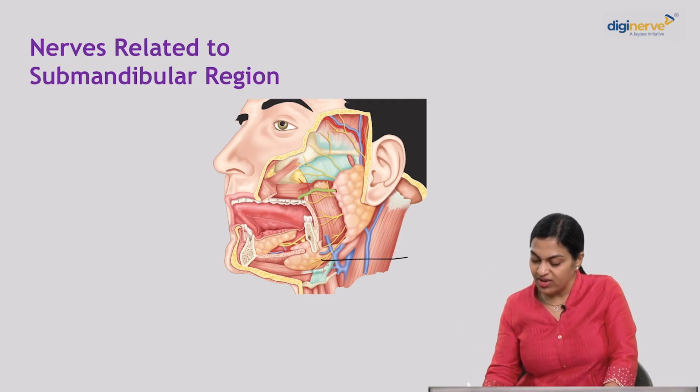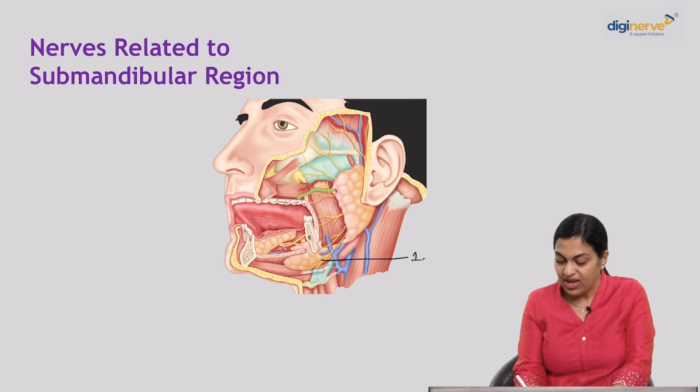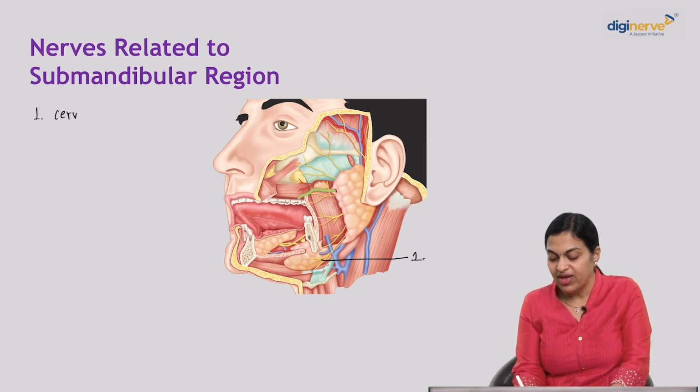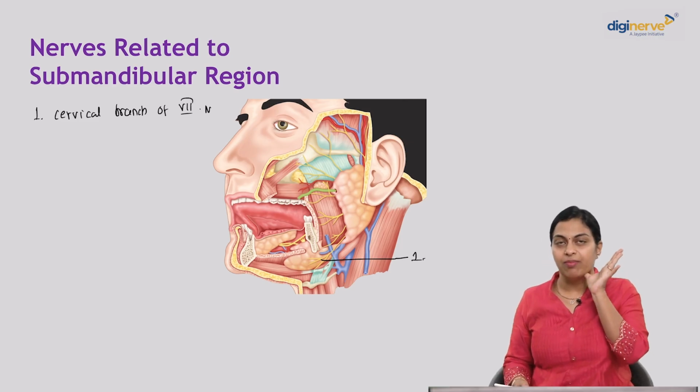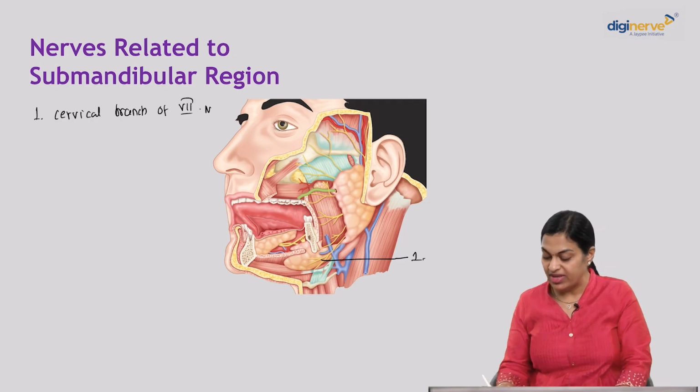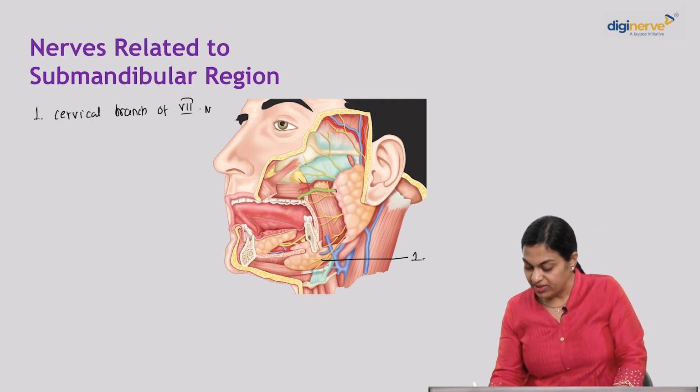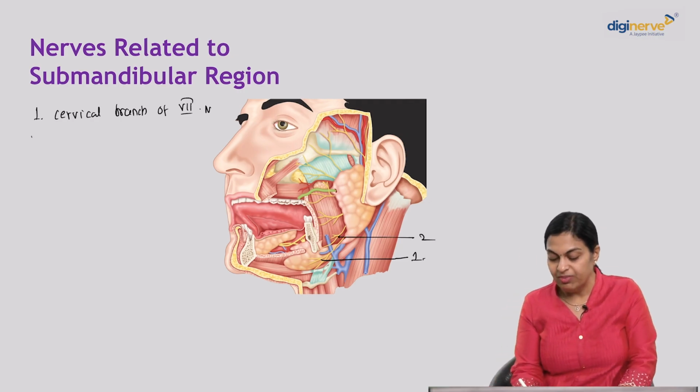So this one, you can tell me, is the cervical branch of the facial nerve, which is related to the inferior surface of the submandibular gland, which is in contact with the skin. Just above that is the branch above it. Can you tell me, running close to the lower border of the mandible?